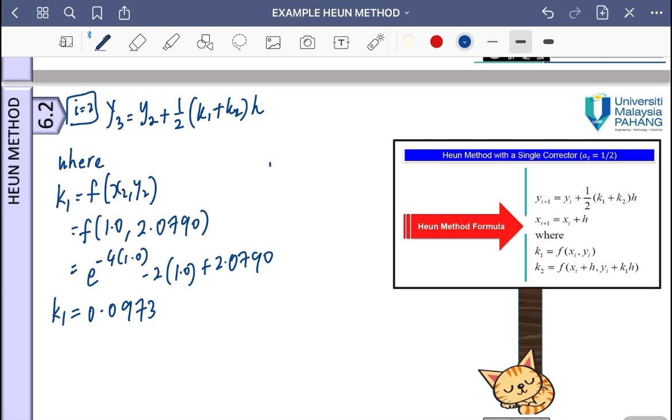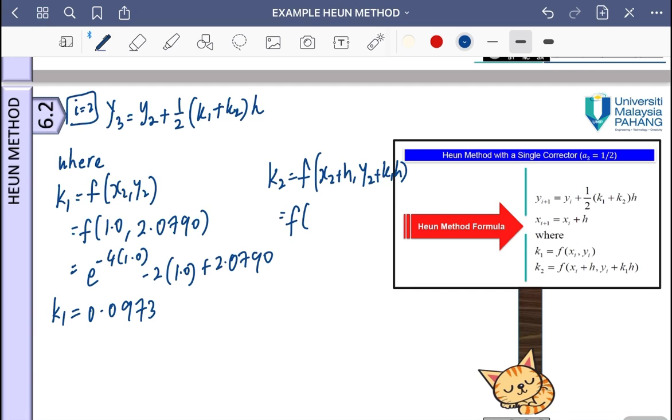Next, calculate your second slope, k2. This time, k2 is at the point x2 plus h, and also y2 plus k1 times the step size.